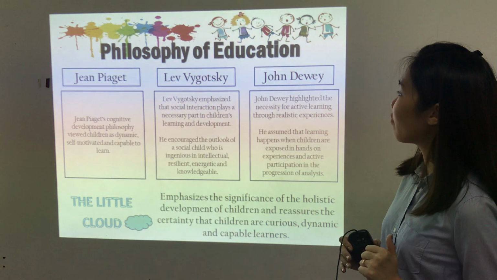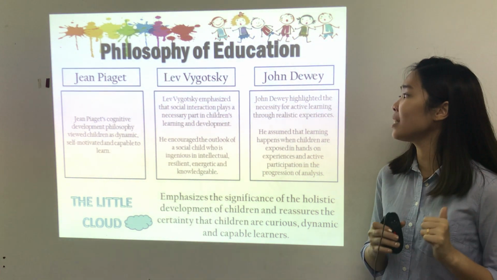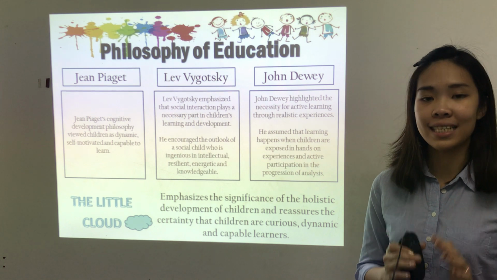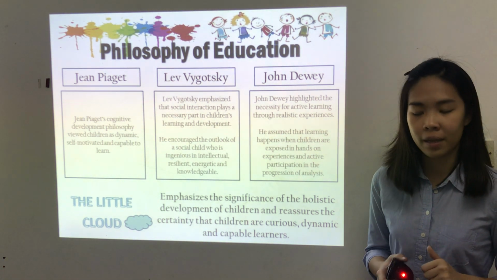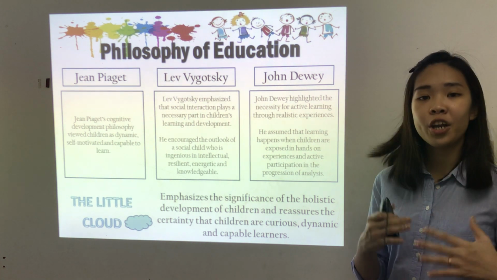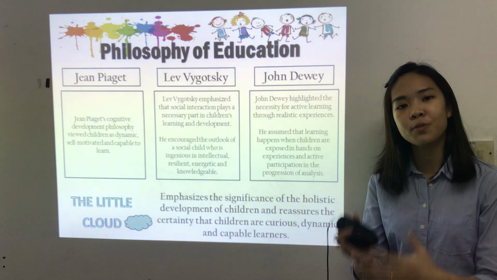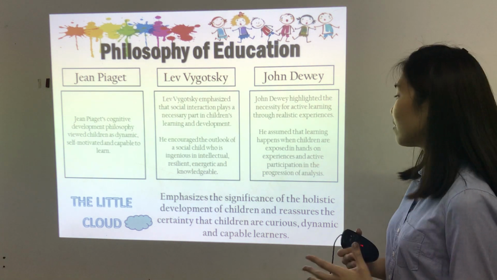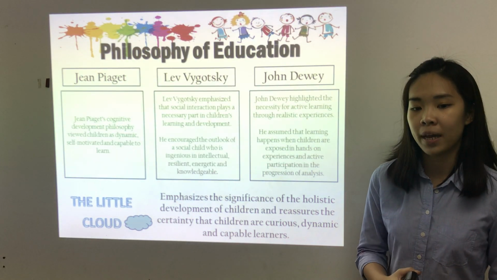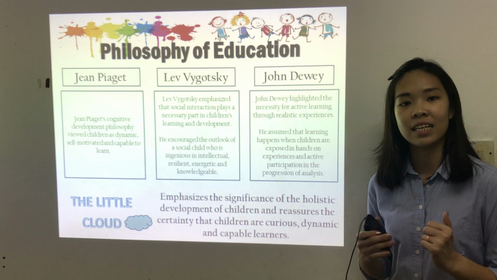Then the third philosophy is John Dewey. John Dewey highlighted the necessity for active learning through realistic experiments. He assumed that learning happens when children are exposed to hands-on activities and active participation in the progression of analysis.